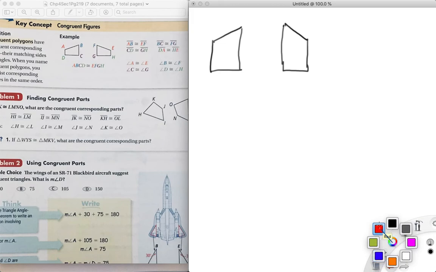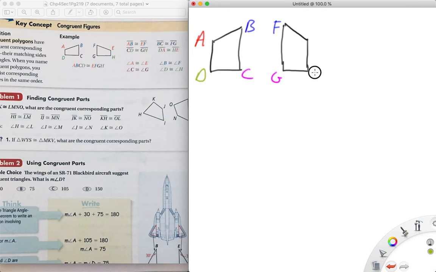They labeled it A, B, C, and D. And they have another one, E, F, G, H. These are my two polygons. We're told that AB is congruent to EF.